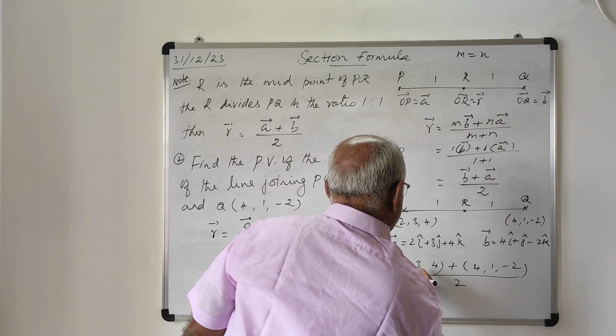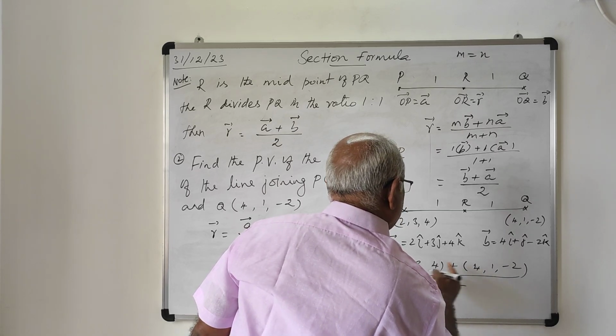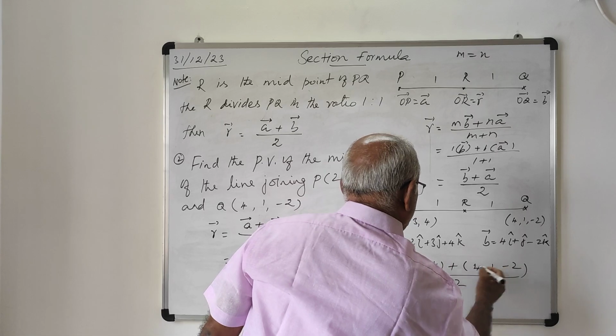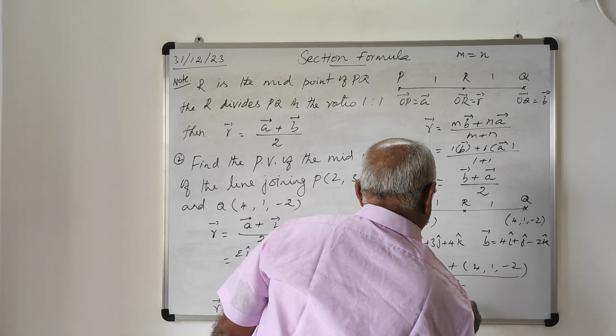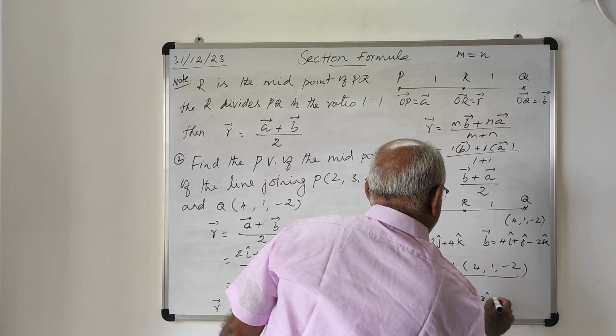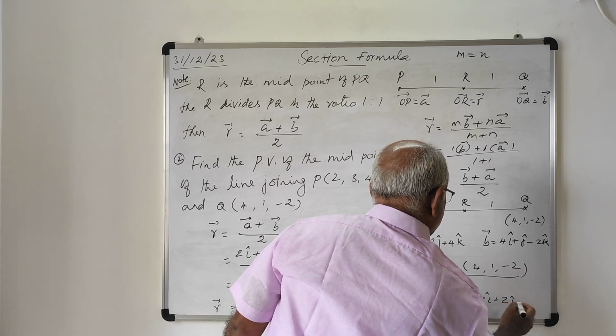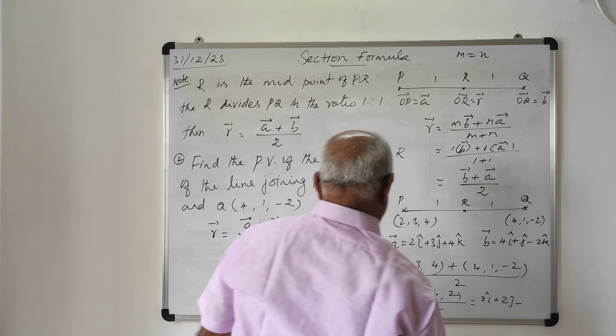Or simply you can add point-wise, P plus Q, 2, 3, 4 plus 4, 1, minus 2, and divide by 2: 6 comma 4 comma 2 by 2, that is 3i plus 2j plus k.